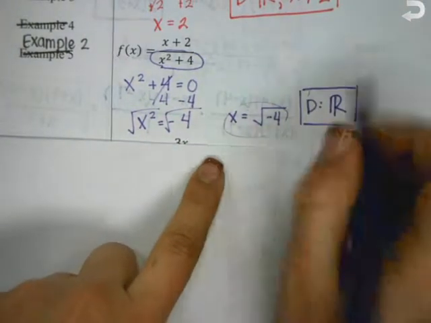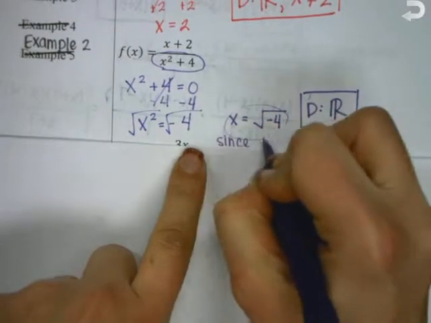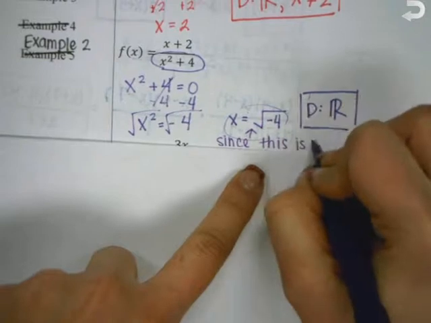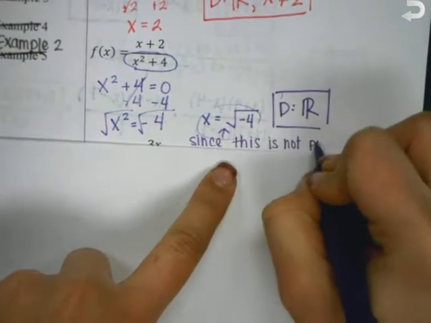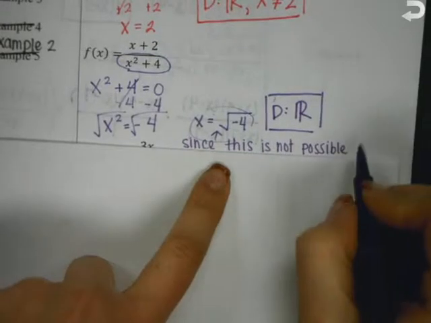Since this is not possible, which means that up there, since it's not possible, the denominator will never be 0.